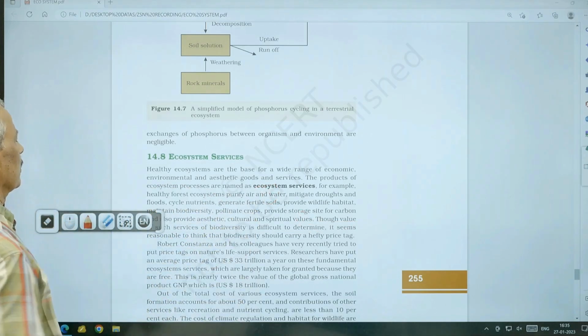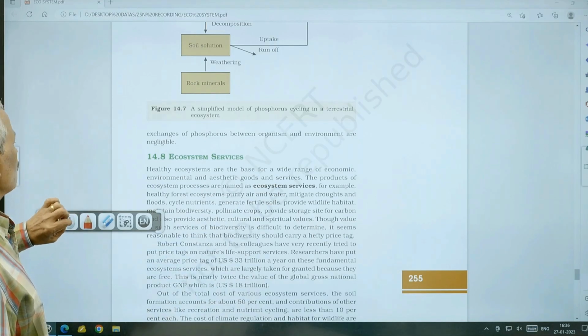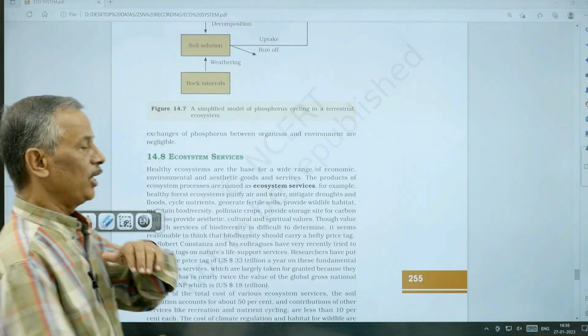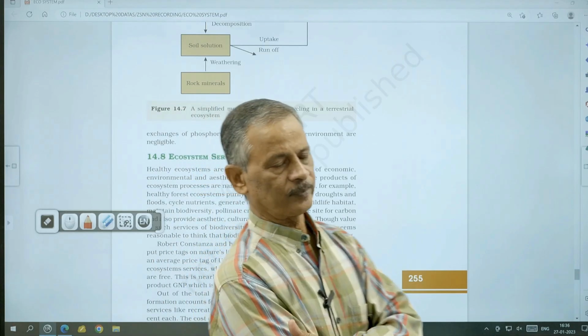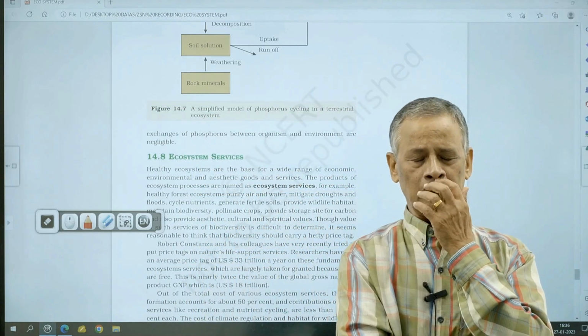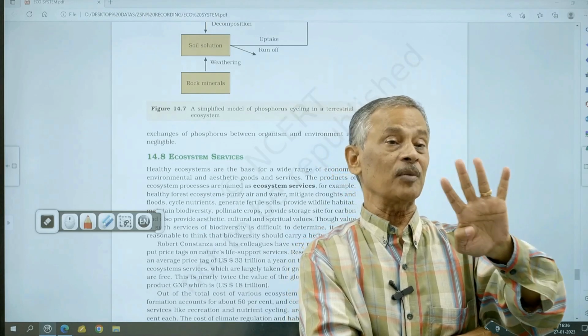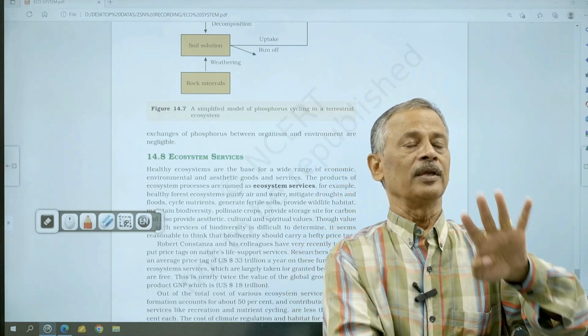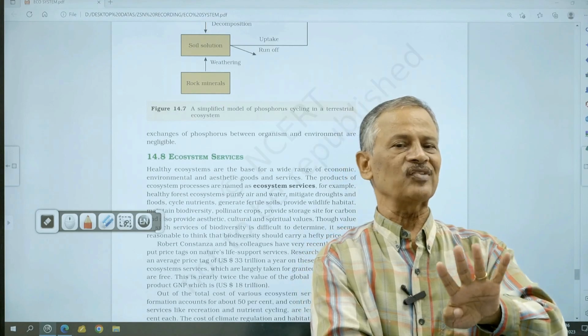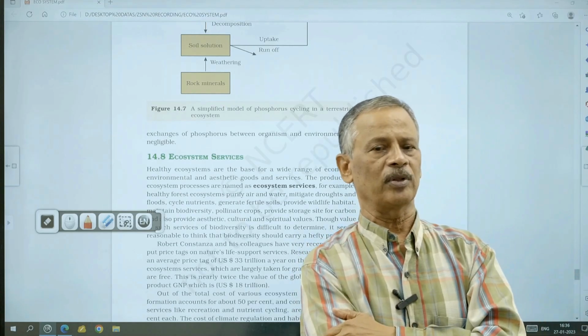Okay. Now, coming to the last part, namely ecosystem services. What is that term meaning? So, I told you that there are four fundamental functions in any ecosystem. Even a pond is having all these functions performed. What are they?